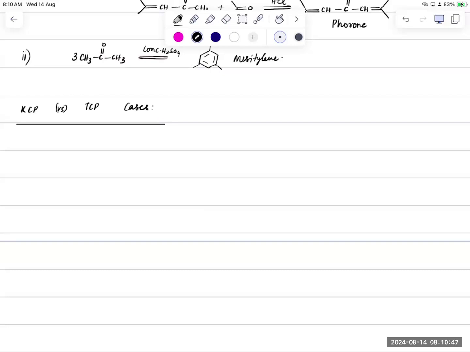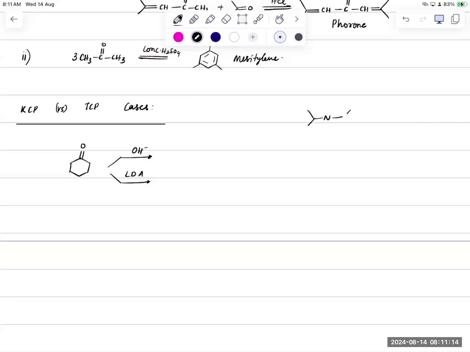See, what we are trying to understand here is when you have a very strong base and you are pushing that towards a group like this, a ketone here, whether you treat with OH minus or with LDA. LDA is a very, very strong base.